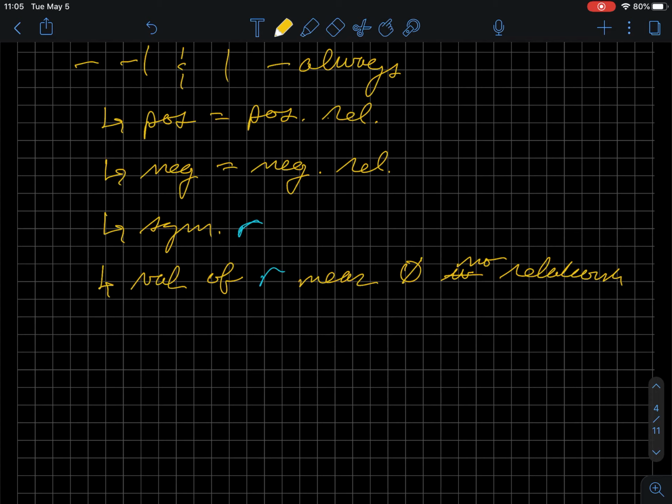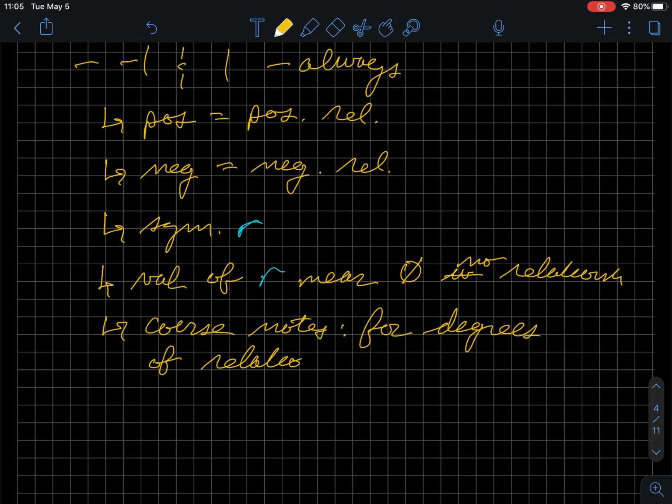And also I will refer you to the course notes for degrees of relationship. So I encourage you to look at that because it has some useful information going on. So we'll kind of put that here. That has those other properties. I encourage you to look at it.